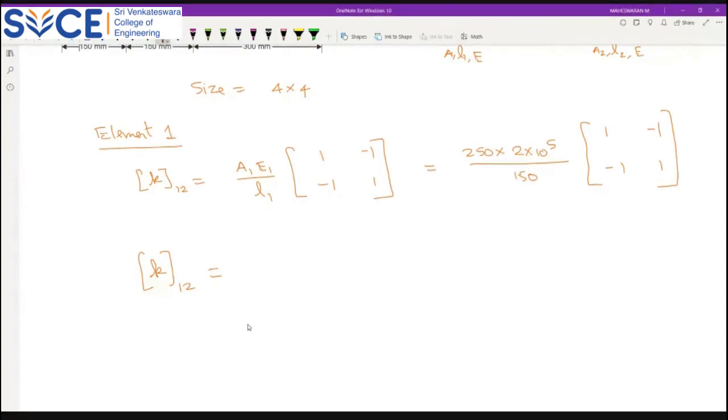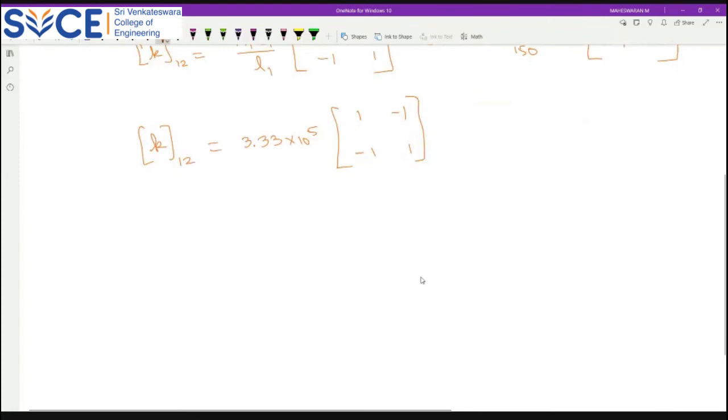So we are getting 3.33 into 10 power 5 times 1, minus 1, minus 1, 1. So I'm going to write 1 into 10 power 5 outside and bring the remaining inside.